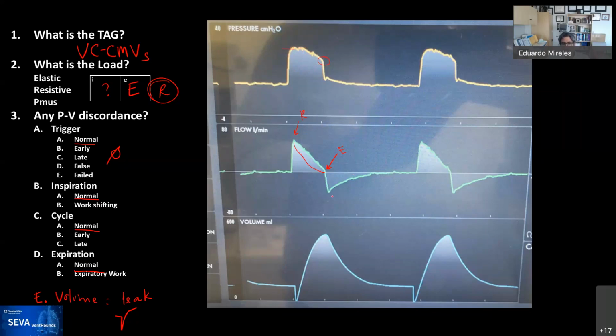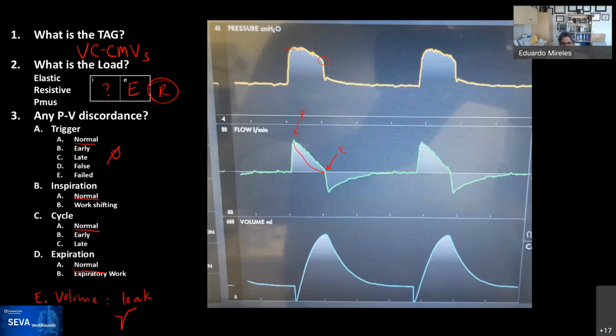And then I confirm it by going and looking at the expiratory flow and seeing how the expiratory flow returns to baseline. Now, this patient has a little bit of a sabotage. Number one, the gain on your flow may not allow you to see it at this amount. So the scale may need to be increased so that you can see the difference between the baseline and the expiratory flow.